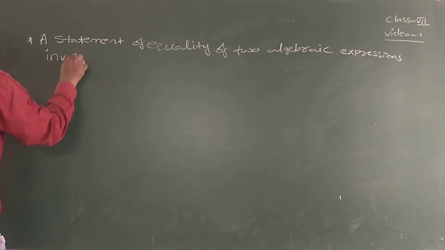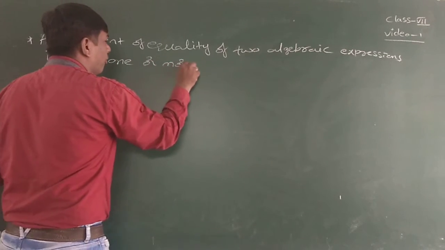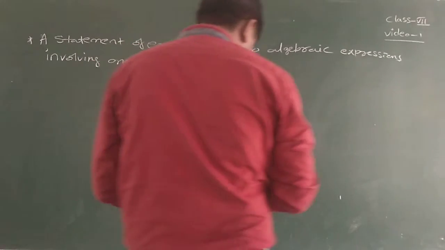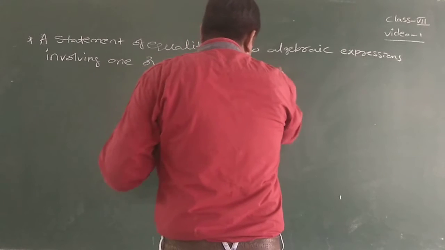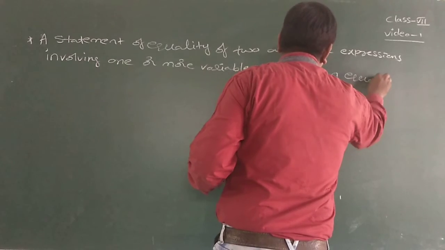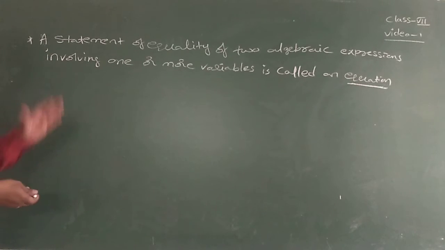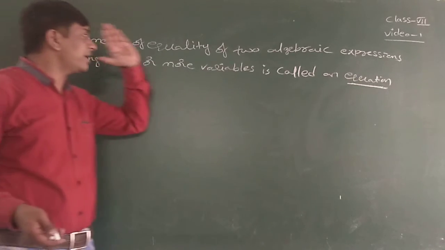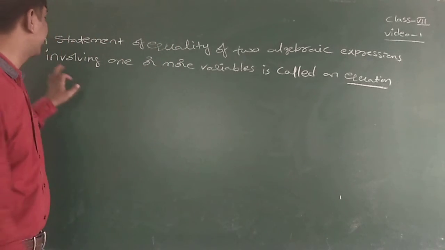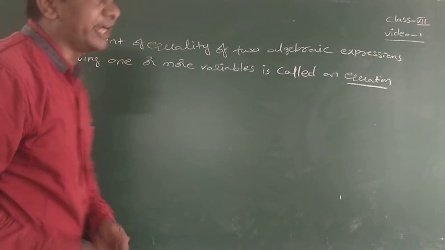involving one or more variables is called an equation. Understood the statement? A statement of equality of two algebraic expressions involving one or more variables is called an equation.